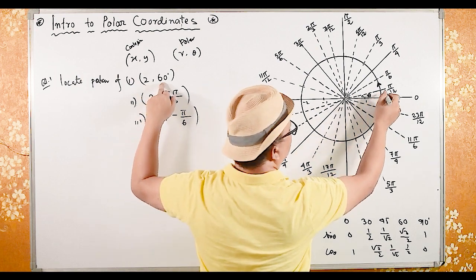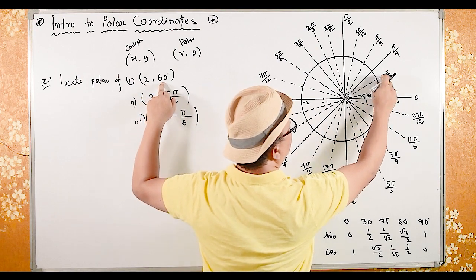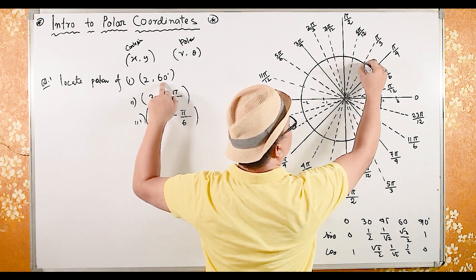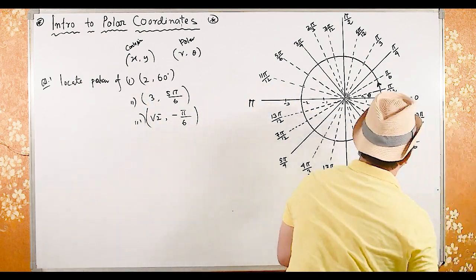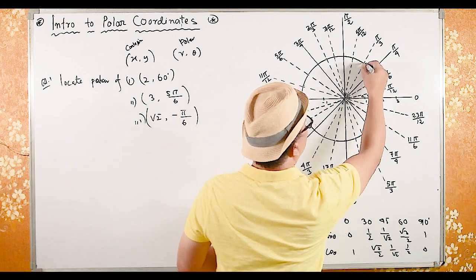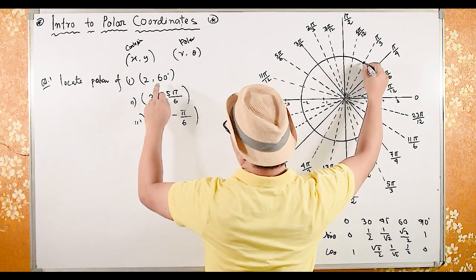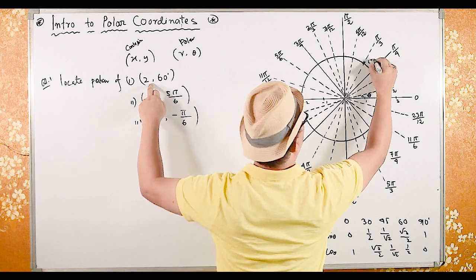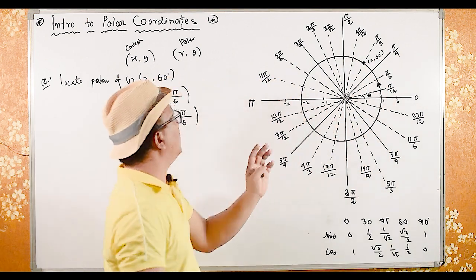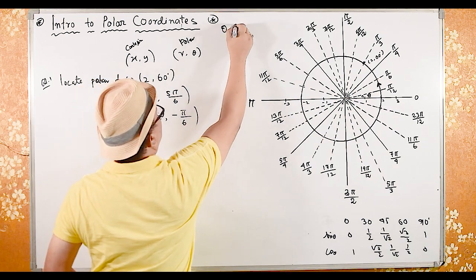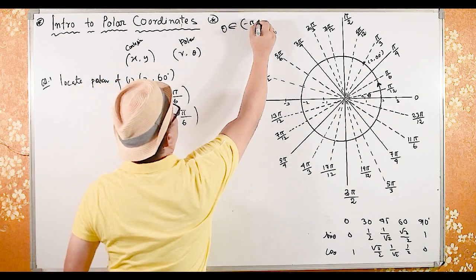Here you have 15, 30, 45, 60. Now this is the particular point, (2, 60 degrees). Mostly theta belongs to minus pi to pi.